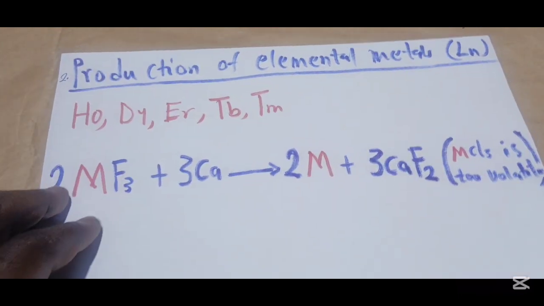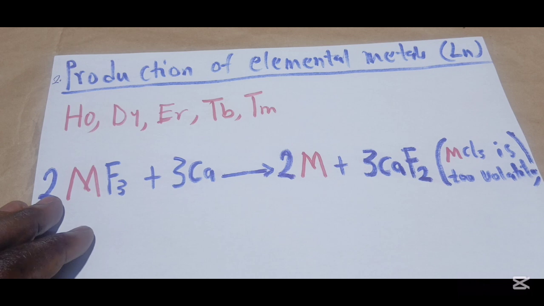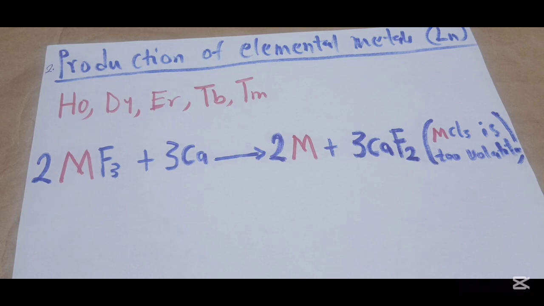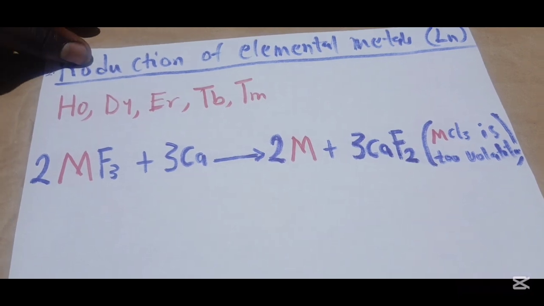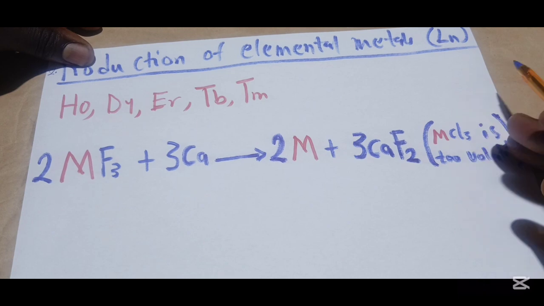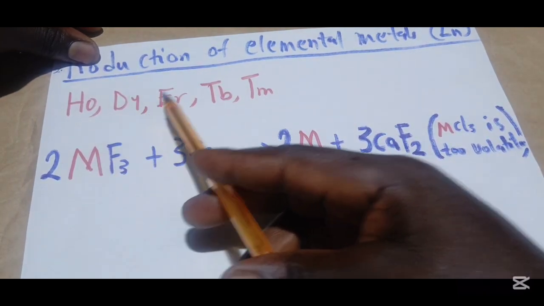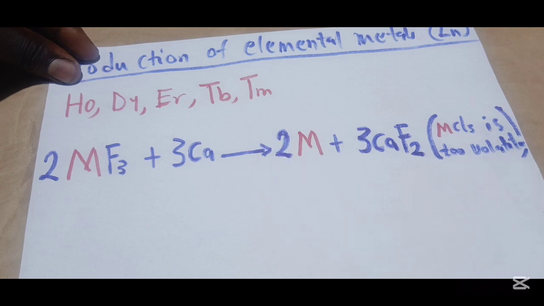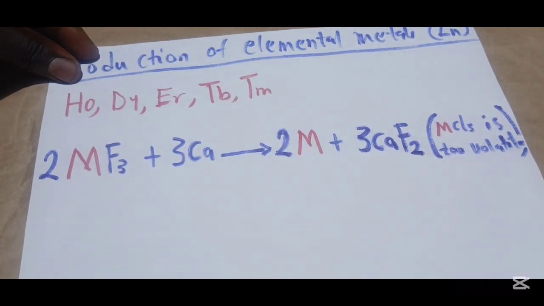We have this here: Ho, holmium, Dy, Er, Tb, Tm. So for these elements, this is how you can produce them elementally. So once again, you just have to keep this equation in mind, and wherever you see M, you replace it by the particular element. One of these elements, then you are good to go.